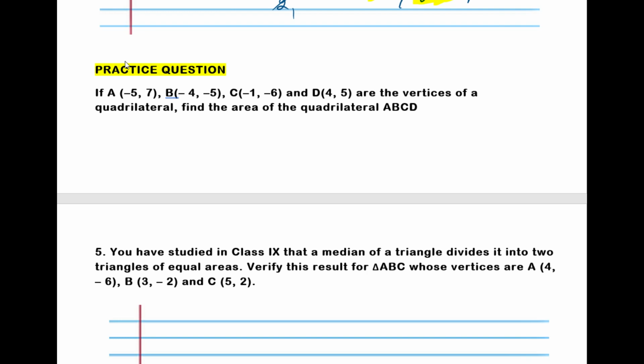Students, a practice question based on finding the area of quadrilateral, that is, if A minus 5 comma 7, B minus 4 comma minus 5, C minus 1 comma minus 6, and D 4 comma 5 are the vertices of a quadrilateral, then we need to find out the area of quadrilateral ABCD.